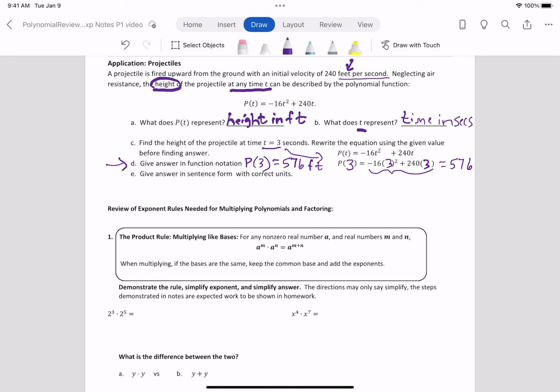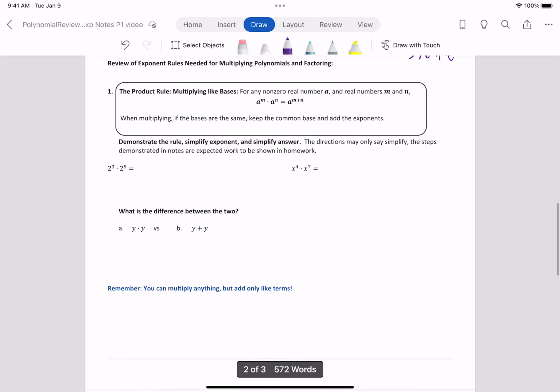What we just said was the height of the projectile at t equals 3 seconds is 576 feet. So that's all there is to the application.